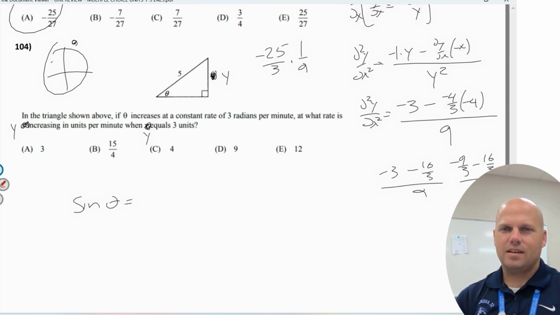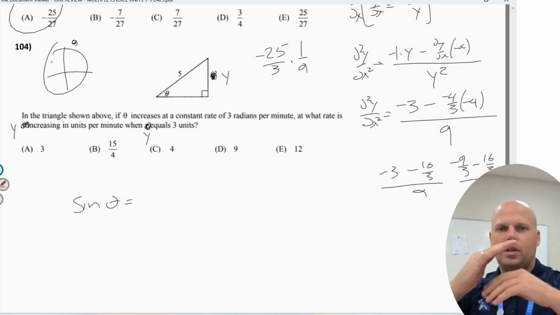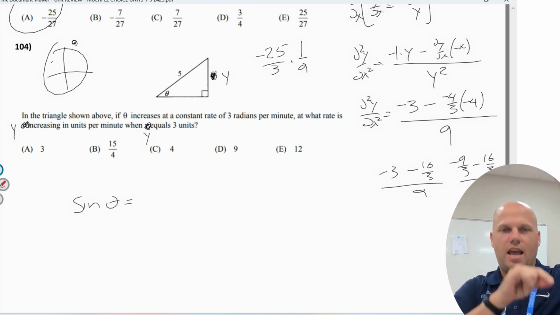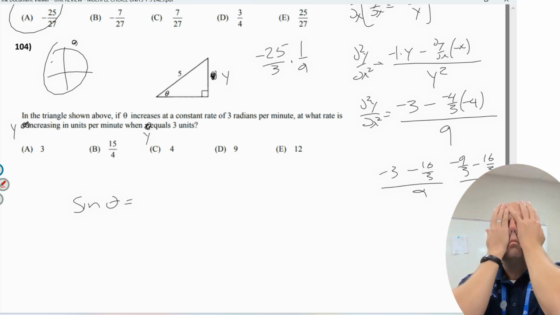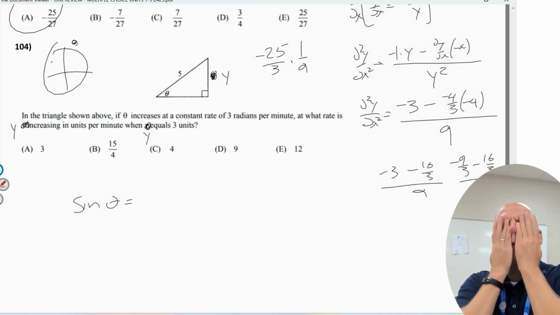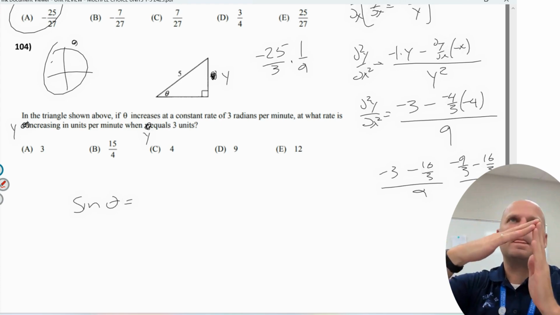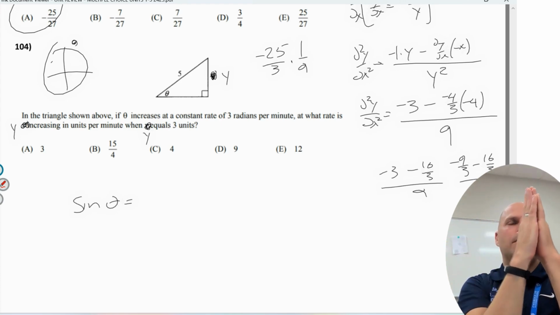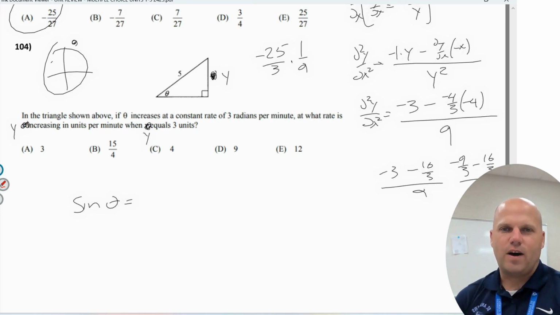I would think that as the angle is increasing, okay, that's what they're telling me, this length and this length would have to increase with it. Okay. But it's almost like they're telling me it's like a ladder problem where the y is going up, but the x is also coming down, which means the d is always 5.